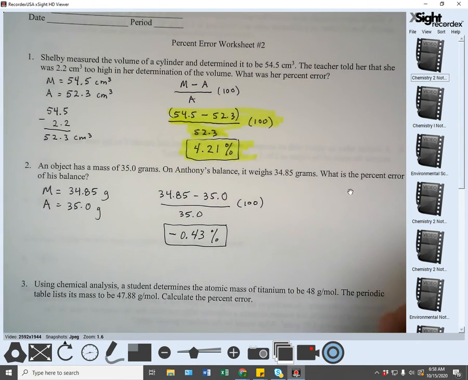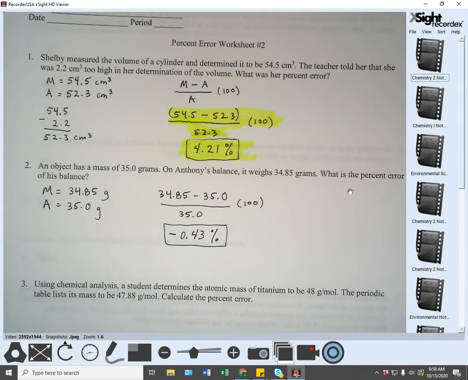Now, some people who think of percent error more mathematically, in terms of how close you are to the perfect amount, think you can't have a negative percent error. In other words, the closest you can be to the true amount is 0% wrong or 0% error. You can't have a negative percent error because that means you're less than 0% wrong, which is impossible.